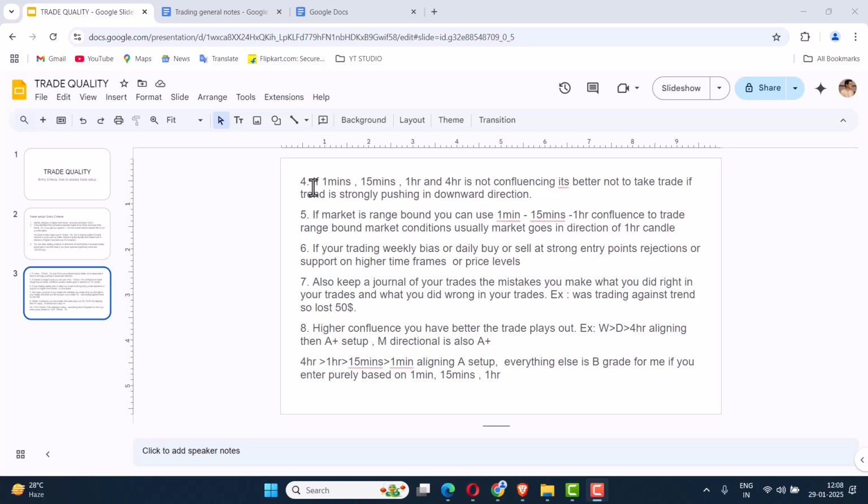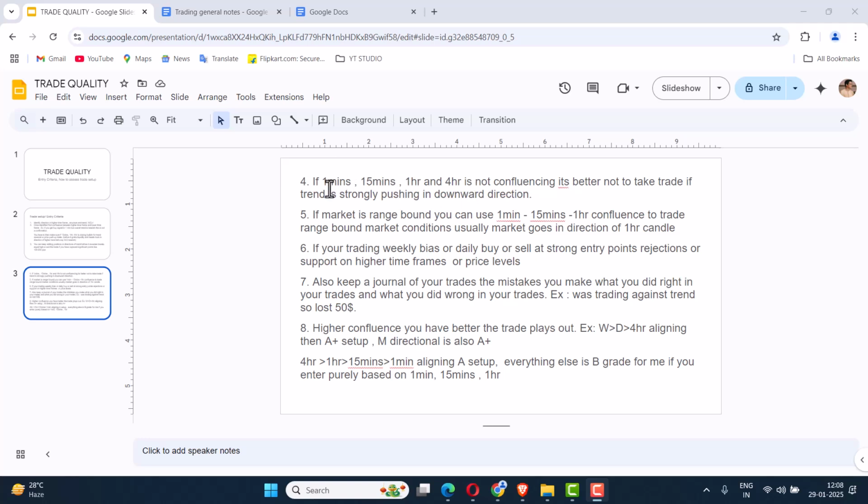So if the 1 minute, 15 minutes, 1 hour and 4 hour are not confluencing, it's better not to take the trade. Basically I use 1 minute, 15 minutes, 1 hour and 4 hour.